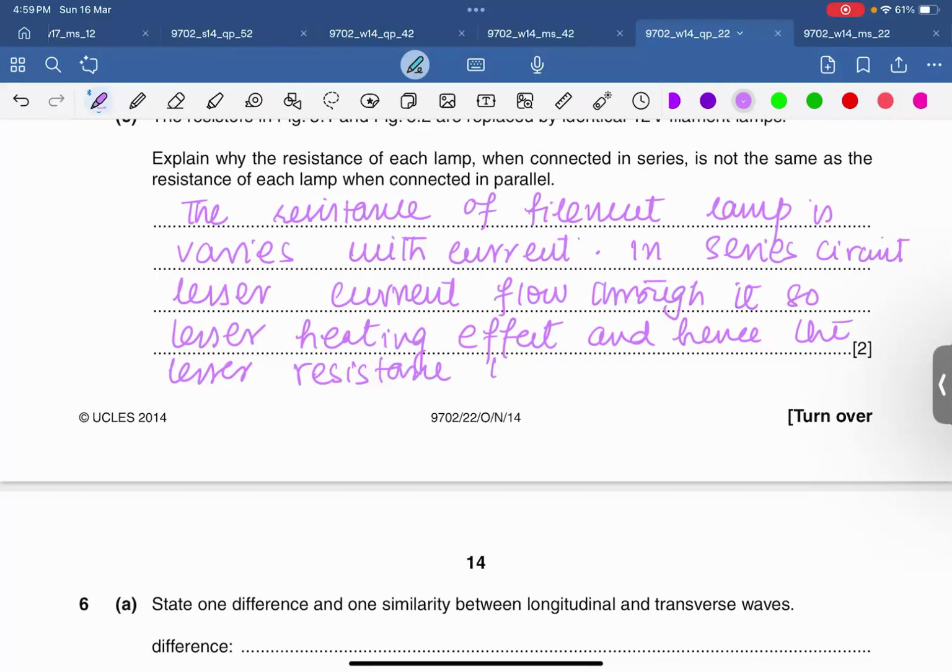Then in parallel, you'll have the greater current, causing a greater heating effect, and that causes the greater resistance.